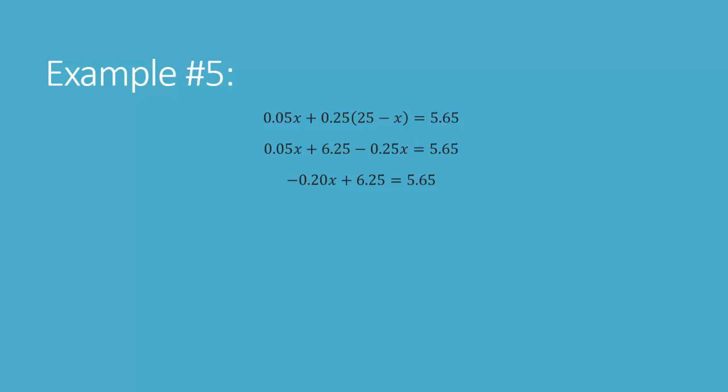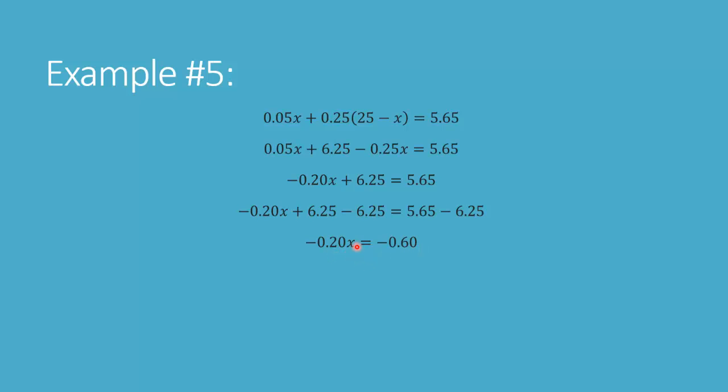So we can skip step 3 and go on to 4, and that is isolate the variable by itself. So now we need to subtract 6.25 from both sides because it's added.